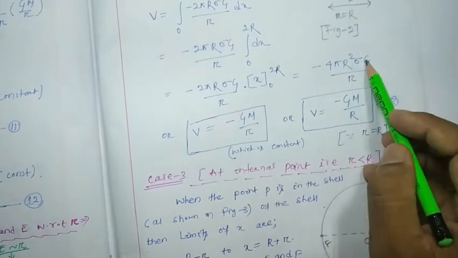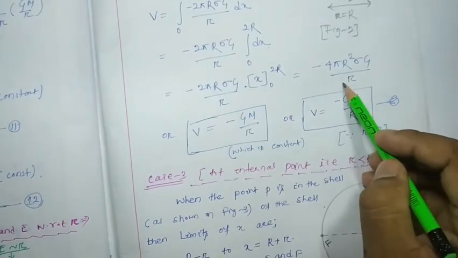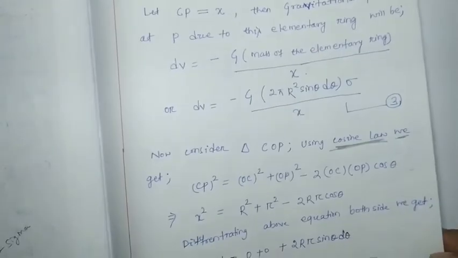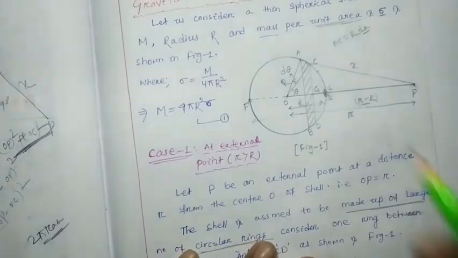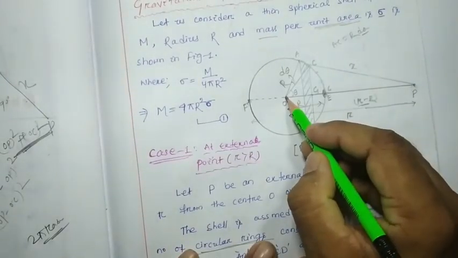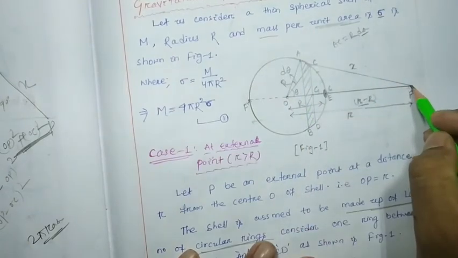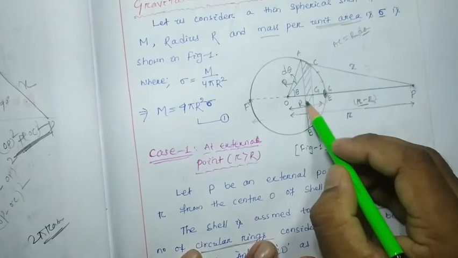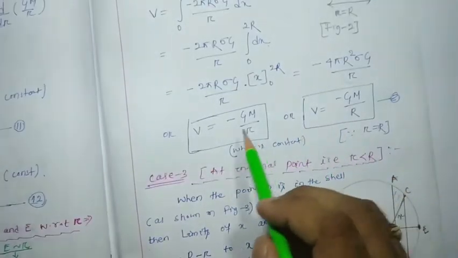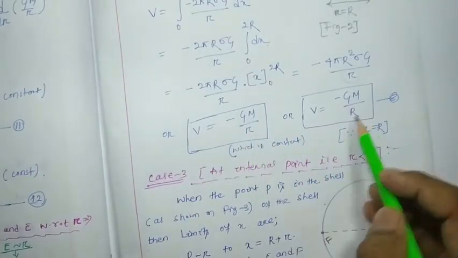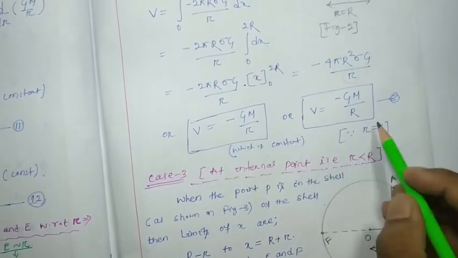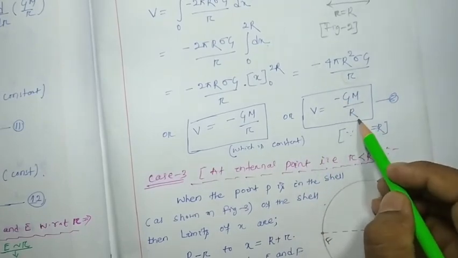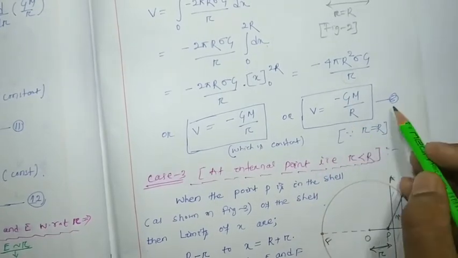Small r is the distance from the center to the point. If the point comes to the surface, then small r will be capital R, which is constant. That is minus GM by R, which is your equation number 8.